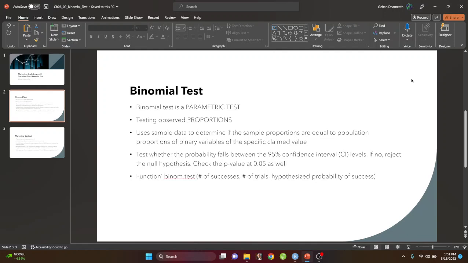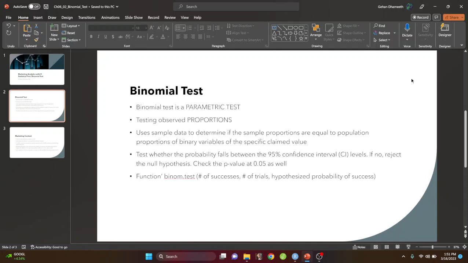Now, the reason why we are using binomial test is because whenever you are trying to find out anything between two levels of a variable. So in this case, we are going to take a look at two products.